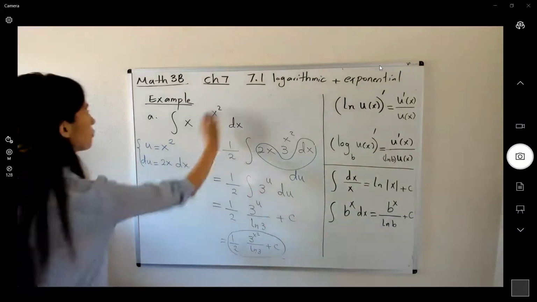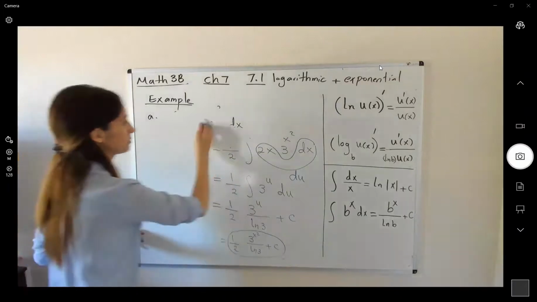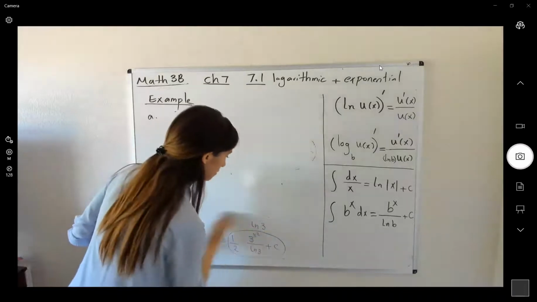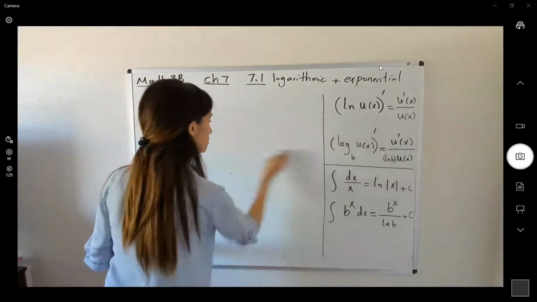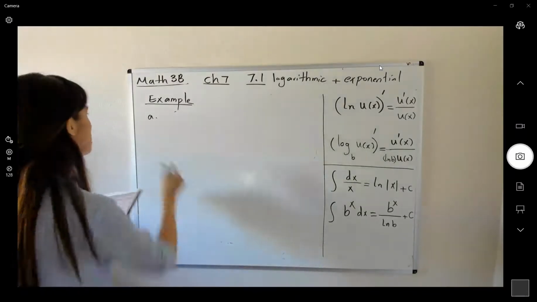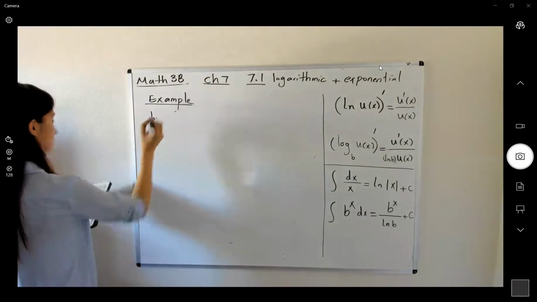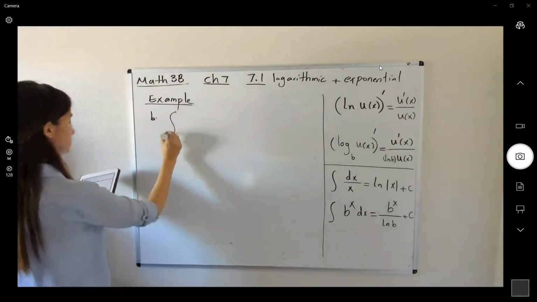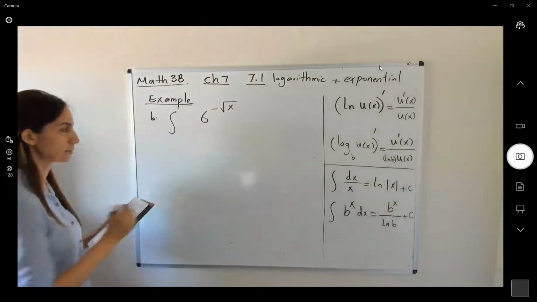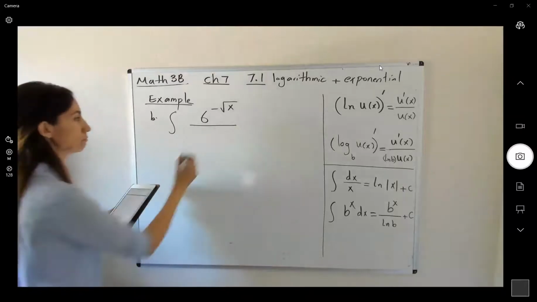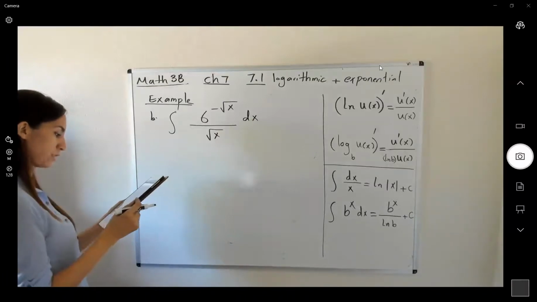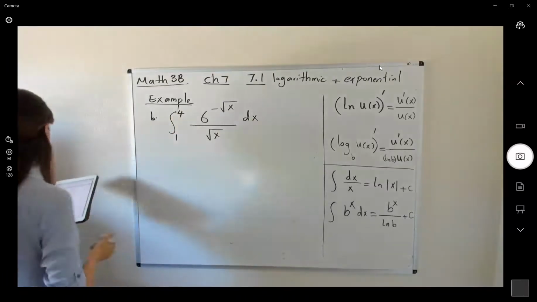Well, another example for you. B. So here you have the integral of 6 raised to minus square root of x, divided by square root of x, with respect to x, and x ranges between 1 to 4.